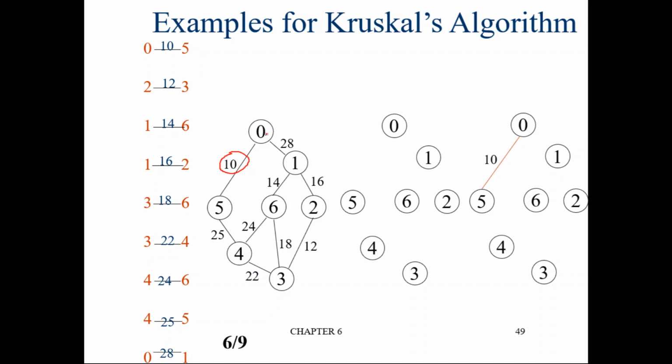So for example, the cost of reaching from 0 to 1 is 28. The cost of reaching from 1 to 2 is 16. The cost of reaching from 1 to 6 is 14. The cost of reaching from 6 to 4 is 24. The cost of reaching from 5 to 4 is 25. The cost of reaching from 4 to 3 is 22. Like that, and so on.